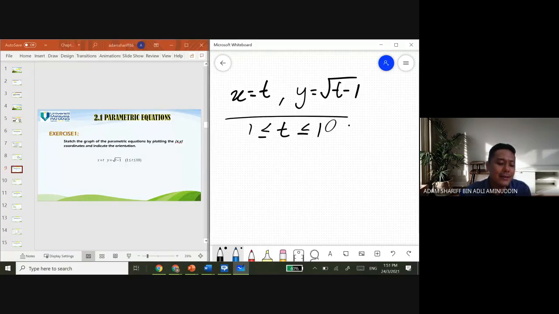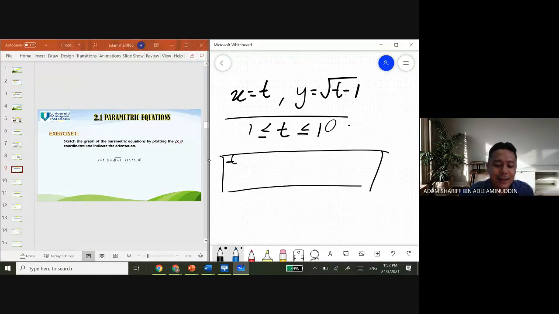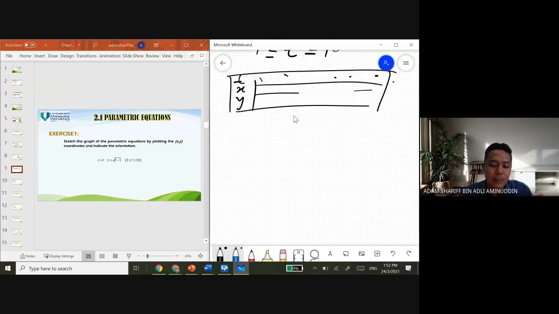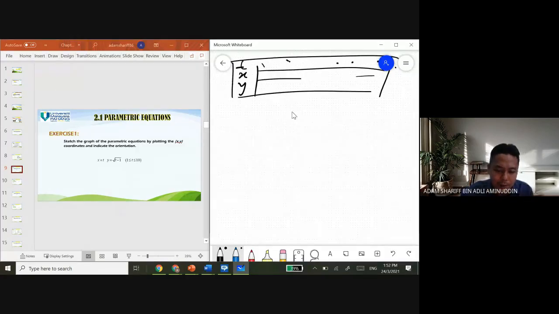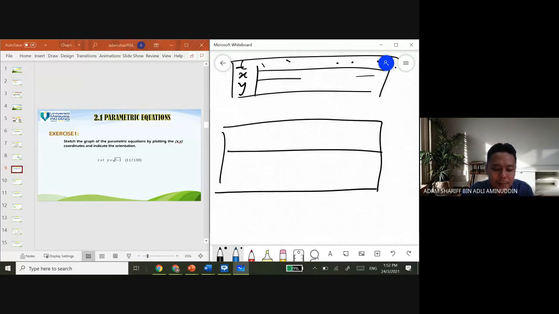If they ask you to use the plotting method, by plotting, disuruh plot, kena buat sampai 10 lah. T, x, y. Buat macam tadi, 1, 2, 3, 4 sampai 10. Dan kita, based on nilai x dengan y, kita boleh dapat tahu mana kedudukan dia. Tapi saya tak akan buat sampai 10, saya buat sikit saja dulu. T 1, 2, 3, 4 lah, cukup.